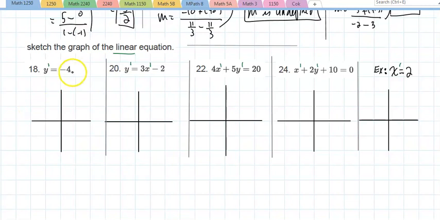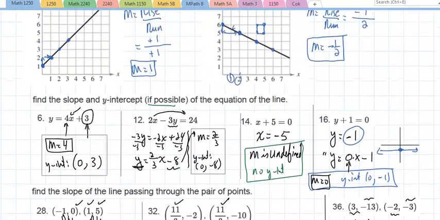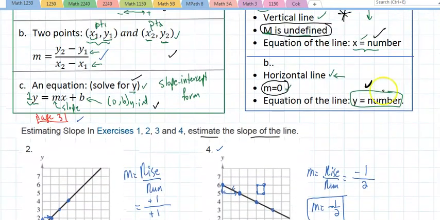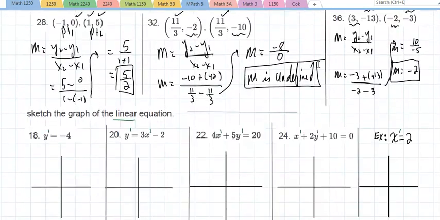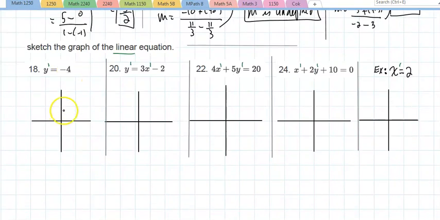If they tell me y equals negative 4, do you see that y equals a number is a special case? Isn't that automatically a horizontal line? That means I could go to y equals, this is the y-axis, negative 1, negative 2, negative 3, negative 4, and just put a line through it.